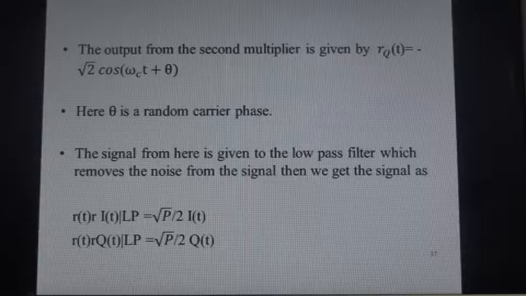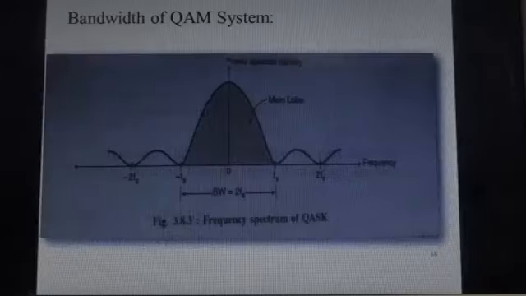Here theta is a random carrier phase, and the outputs of the first and second inputs after removing the noise come as r of t with respect to low pass filter is under root p by 2 I of t, and r q of t with respect to low pass filter is equal to under root p by 2 q of t.